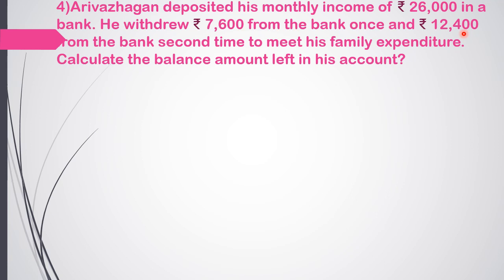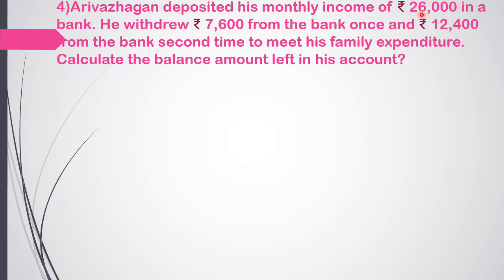We can do this sum in two ways. The first method is to add the withdrawal amounts, that is 7,600 and 12,400, and then subtract that total from the income.